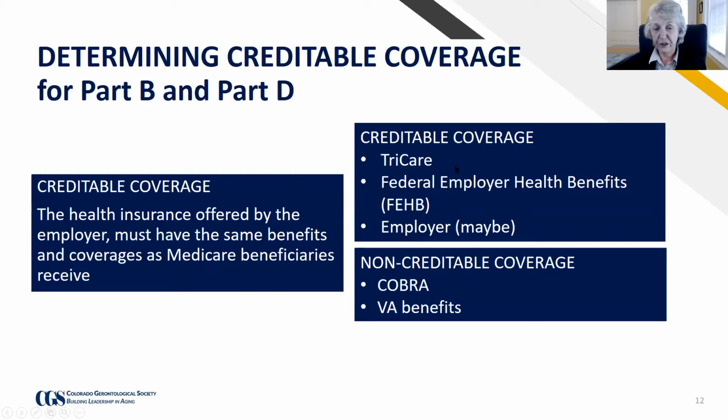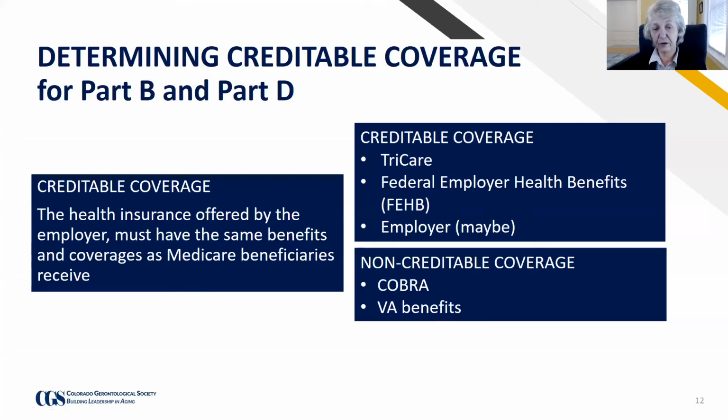Some credible coverage companies are Tricare, which is for military veterans who have served 20 years, FEBA, Federal Employee Health Benefits, and employers, some offer credible coverage and some do not. Non-credible coverage is offered through COBRA.